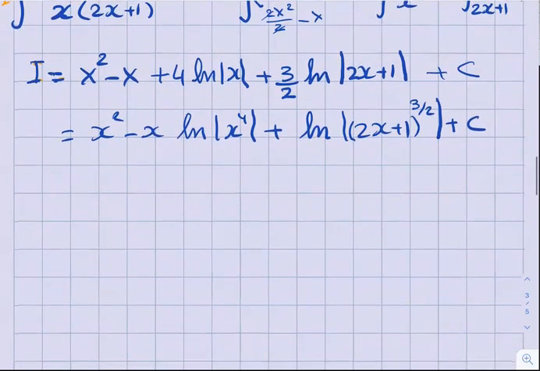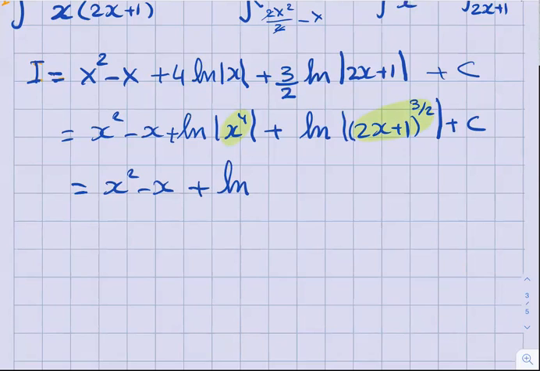Right. There are additions here, so we can do them as multiplication. So we can say this equals x squared minus x plus ln of what we have, the x to the power 4 and 2x plus 1 to the power 3 over 2. So we can put them together as multiplication.